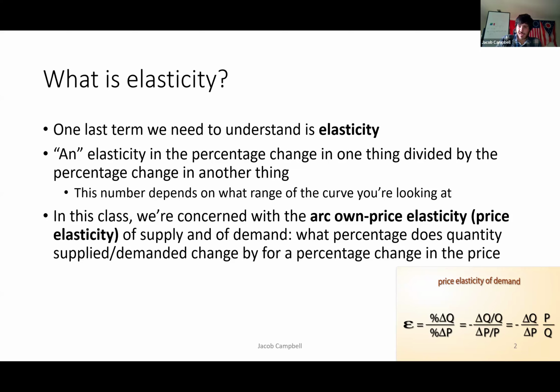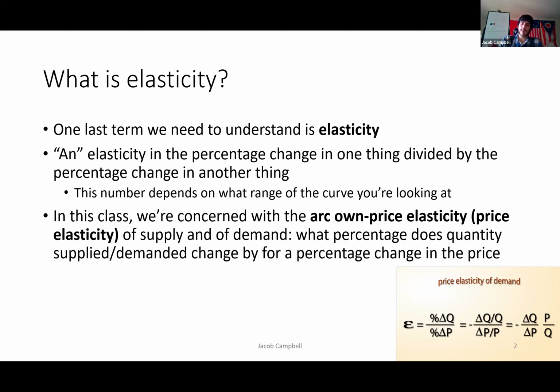Now, what is elasticity? Well, an elasticity is the percentage change in one thing divided by the percentage change in another thing. And this number is going to depend on what range of the curve you're looking at. So in this course, we're really only concerned with one type of elasticity, and that is arc own price elasticity, or price elasticity.